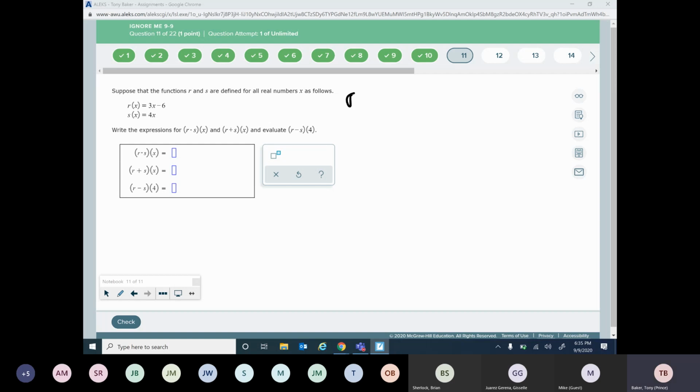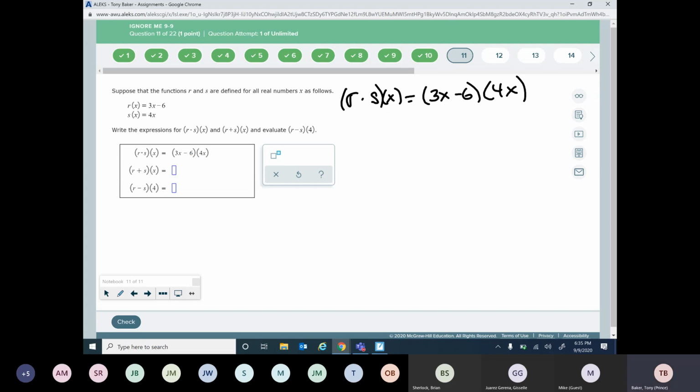So r times s of x is 3x minus 6 times 4x. And you can leave it right like that. You do not have to distribute it out. So when I'm in the box here, I can type in 3x minus 6 times 4x.